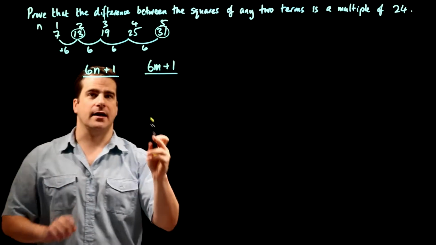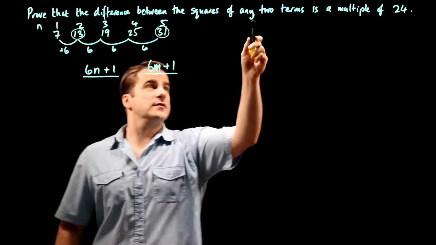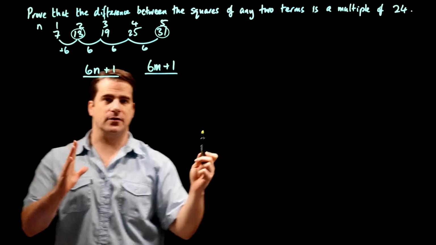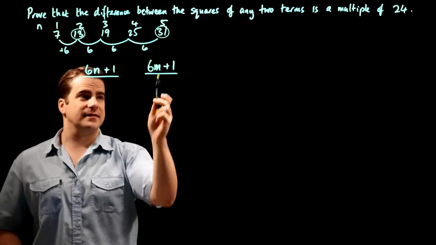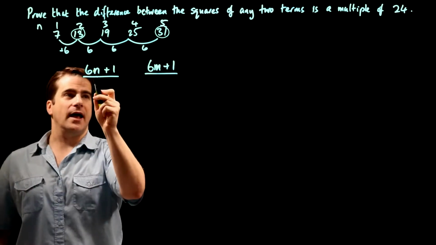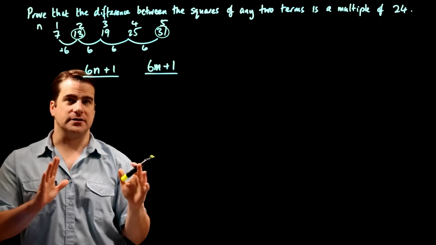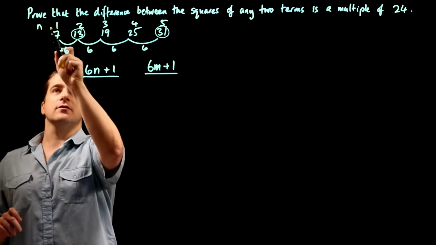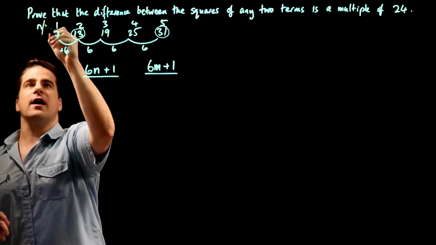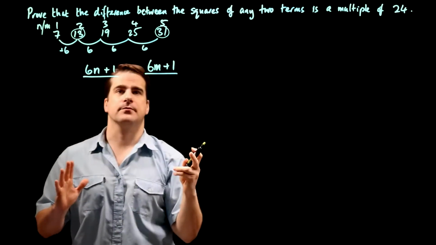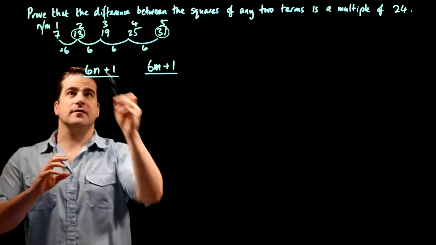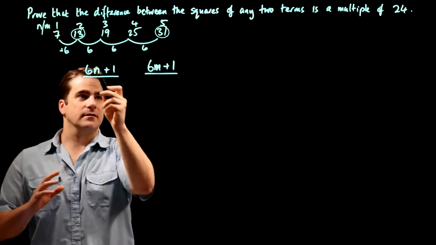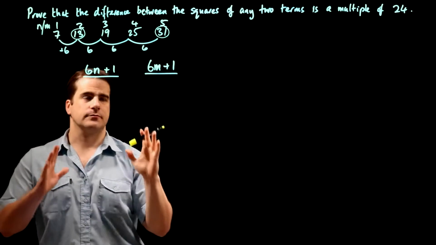So just go over that again. Our any two terms, their values are given by 6n plus 1 and 6m plus 1. n and m are both integers and they refer to the position of the two terms.